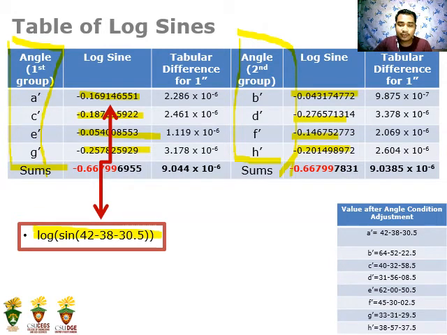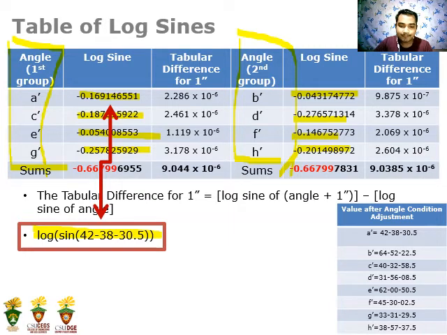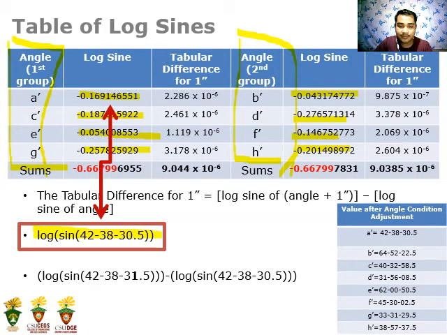Afterwards, we're going to get the tabular difference of 1 second. How do we put it? That is log sine of the angle, which for this example is A, 42, 38, 30.5. We add 1 second to it, so it becomes 42, 38, 31.5, minus log sine again of angle A, 42, 38, 30.5.